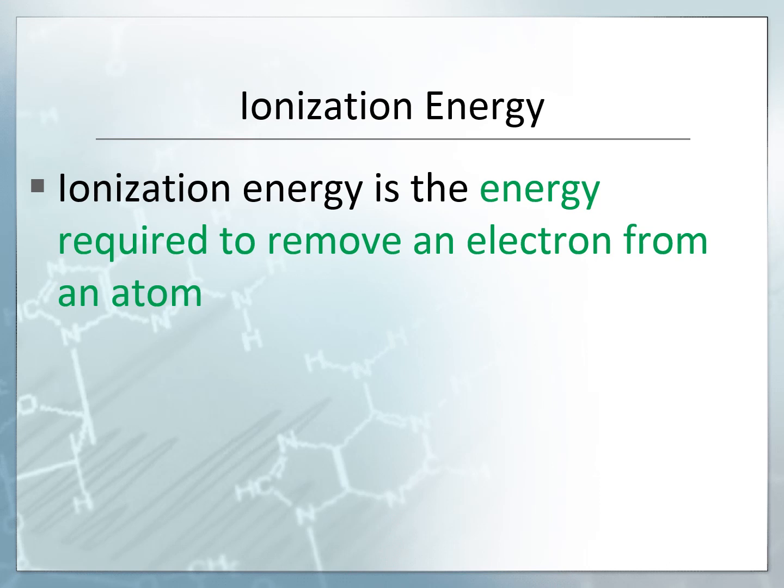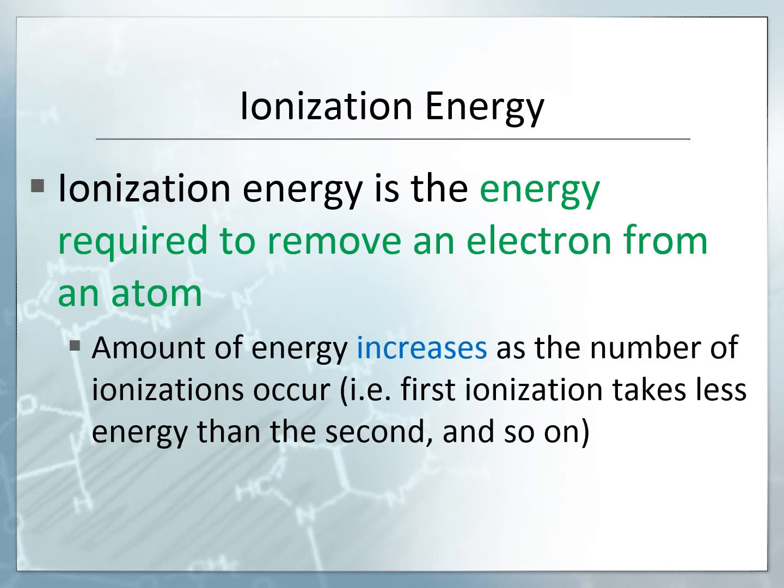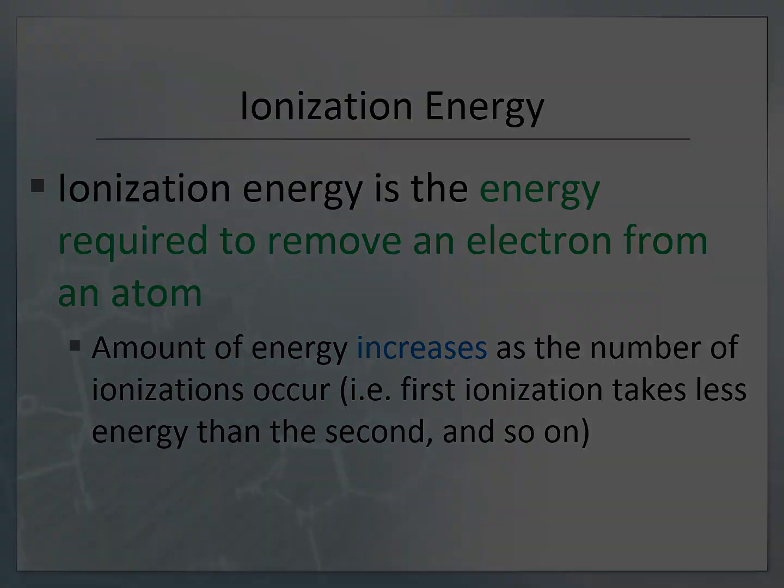Second periodicity is ionization energy. Ionization energy is the energy required to remove an electron from an atom. The amount of energy increases as the number of ionizations increases. For example, first ionization energy takes less energy than the second.